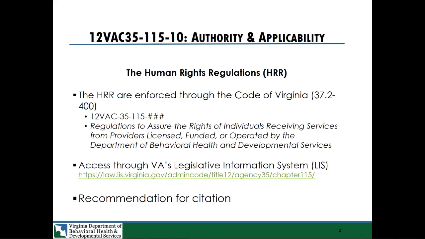The authority of the Office of Human Rights is documented in the Human Rights Regulations, which is enforced through Virginia Code. The regulations assure specific rights to people receiving services from providers who are either licensed, funded, or operated by the Department of Behavioral Health and Developmental Services, and also require specific actions on the part of providers and Office of Human Rights staff.